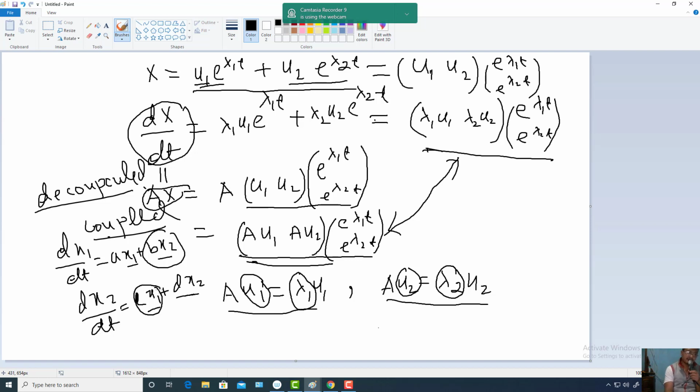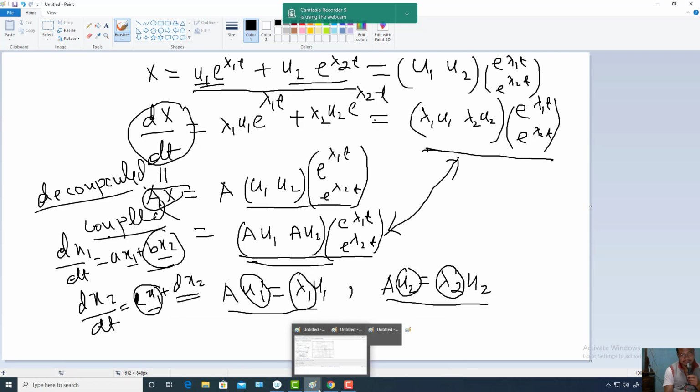All right, so now how to decouple it, how to simplify it? The Jordan canonical form of the matrix is all about the property of the matrix. Somehow we can reduce the given matrix into a simpler matrix, the Jordan canonical form.